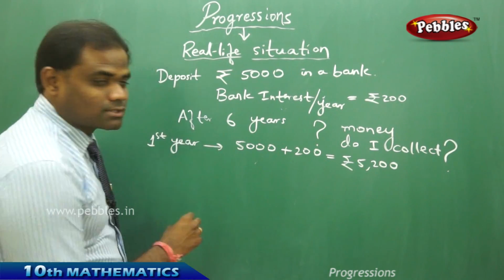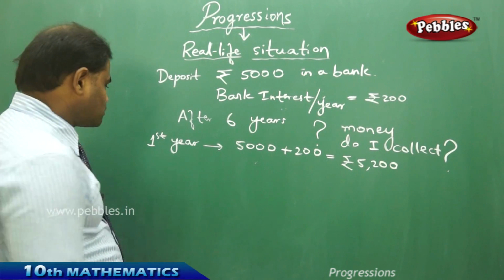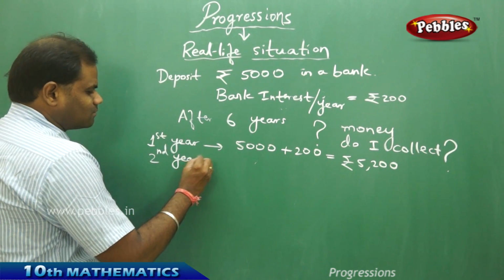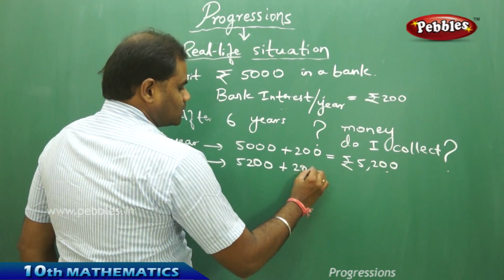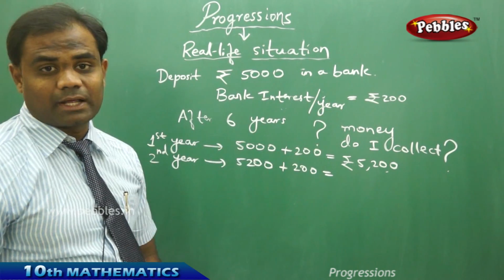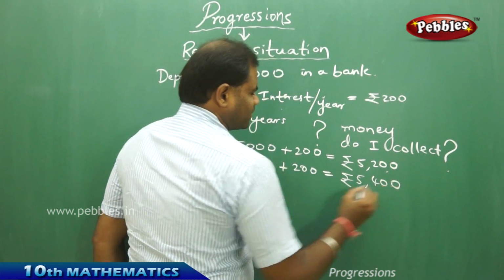So I get 5,400, then 5,600, 5,800, so on and so forth. Therefore, let's start with the second year, where this amount is added with 200 because the bank gives an interest of 200 rupees per annum. So this gives me rupees 5,400.